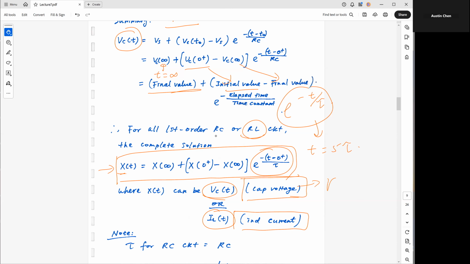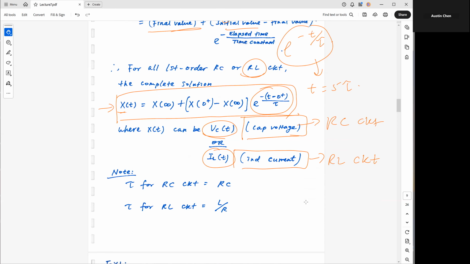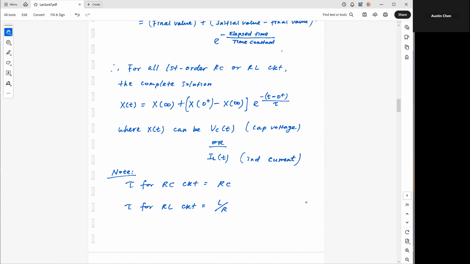They're both first order, so they only contain one energy storage element: one is the capacitor, and the other is the inductor. You always have this resistor here. Just like what I alluded to earlier, tau for the RC circuit is the product of R and C, and tau for the RL circuit is L over R, taking the ratio.